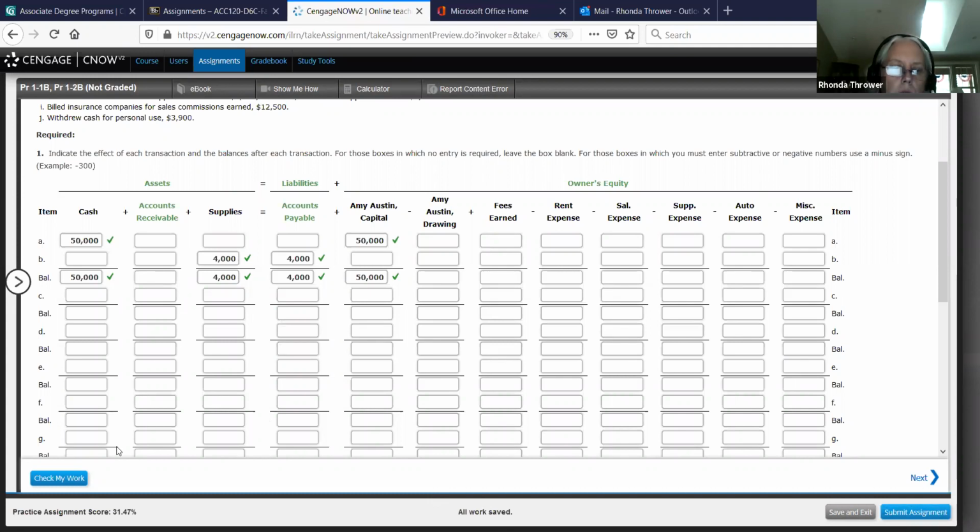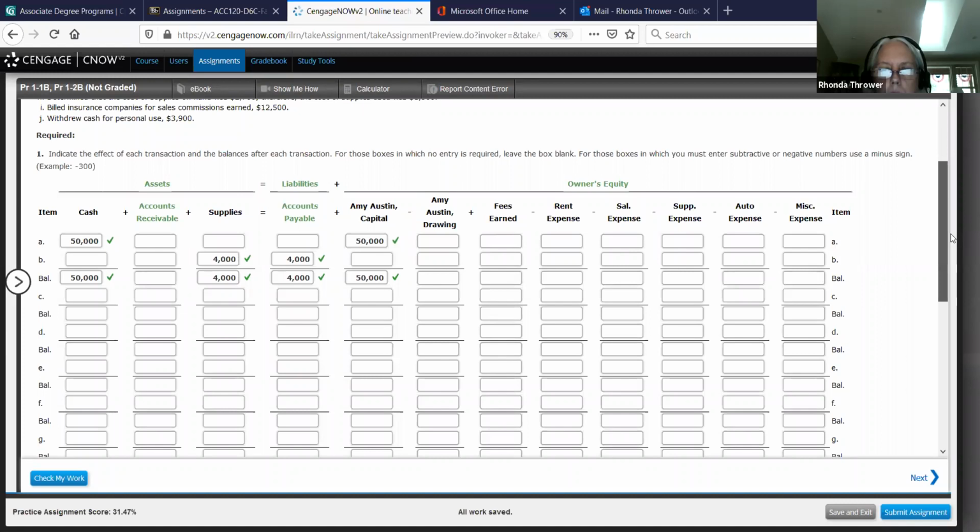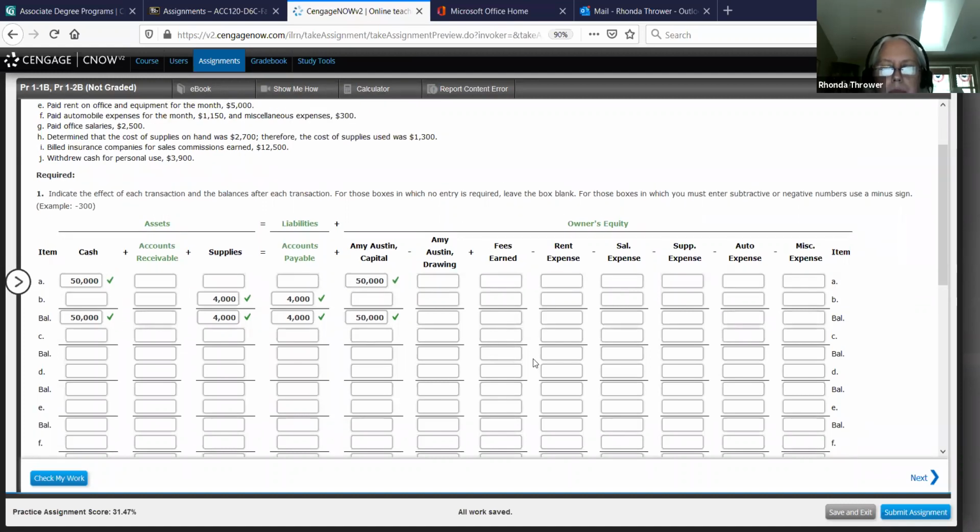You might also notice down at the bottom here that it's keeping score of what we've done already. We've got a score right now of 31.47%. And so I don't want to submit my assignment now. I want to save and exit it if I needed to get up and take a break, and then I could come back to this and Cengage will save it for me.